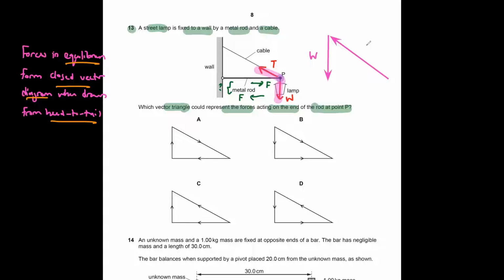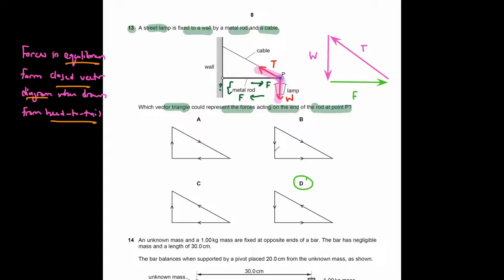This is W, this is T. If you are supposed to form a closed vector triangle here, the forces must be drawn from head to tail in the first place. So the only way that this one could be a closed vector diagram when drawn from head to tail is if the force is drawn like this. This is the direction of your force F. So the correct answer would have been D.